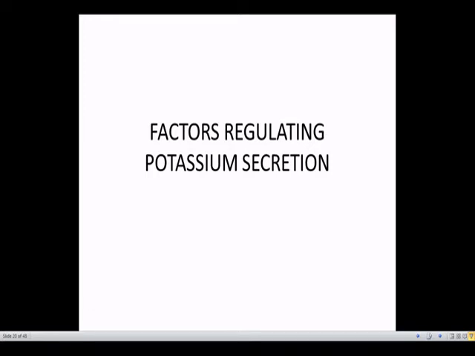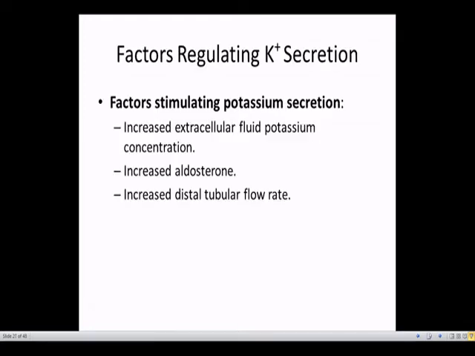The most important factors that stimulate potassium secretion by the principal cells include: increased extracellular fluid potassium concentration, increased aldosterone, and increased distal tubular flow rate.